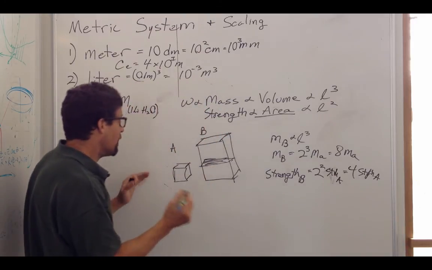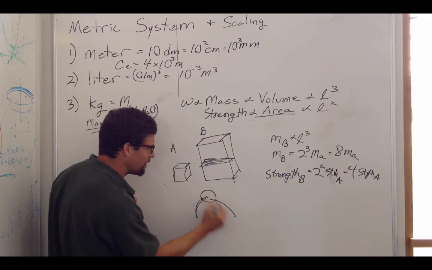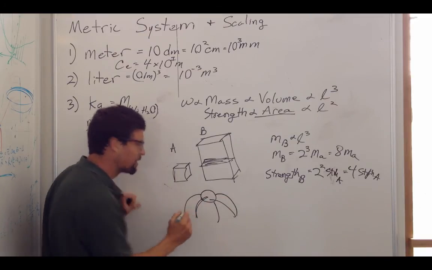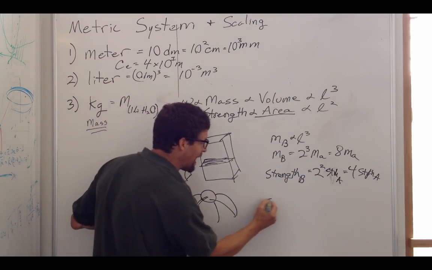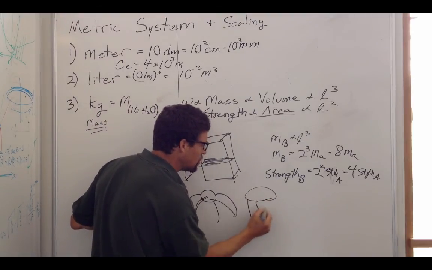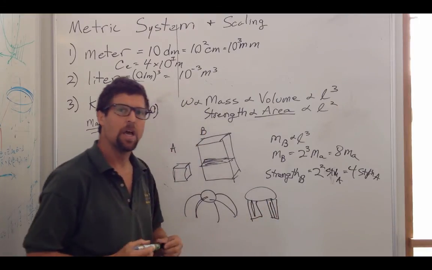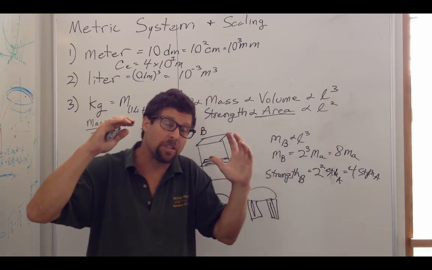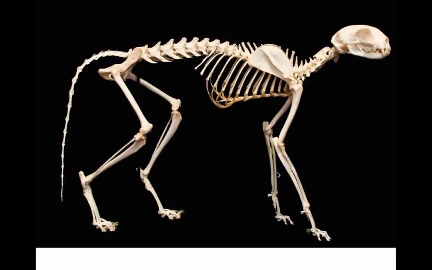And that's why, for instance, when you look at insects, they stand on little pinnacles. You have a spider standing on little tiny pinnacles, and they can jump many times their height. But you look at an elephant, elephants look like this, with these huge pillars, like cement pillars holding up their bodies. Or you can compare the skeleton of an elephant with the skeleton of a cat.